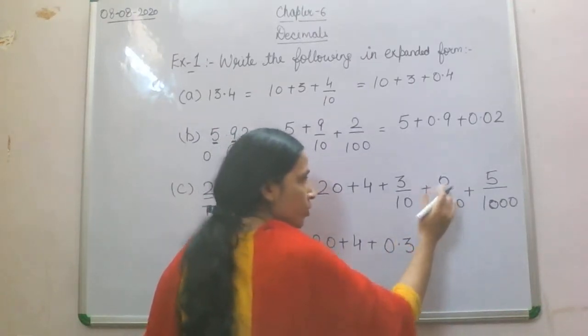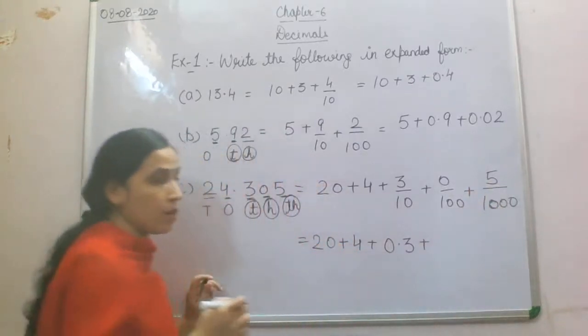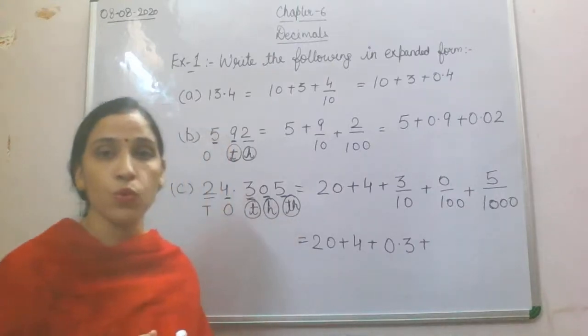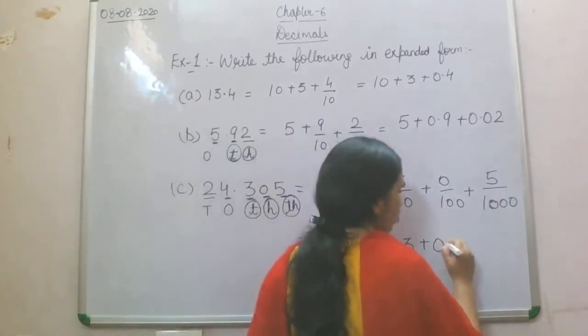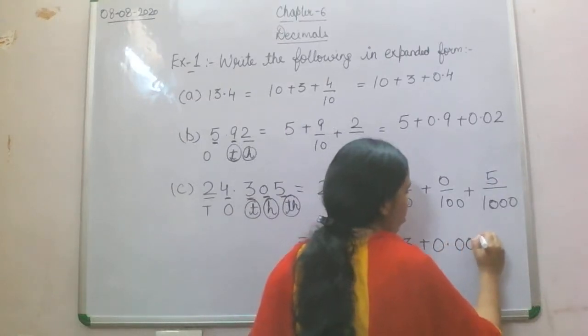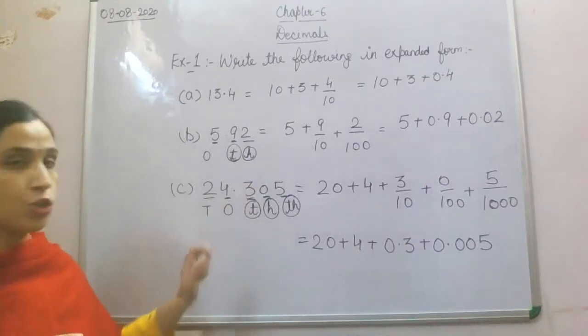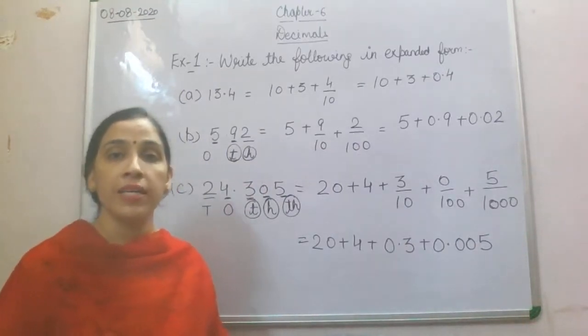Here we are not going to get anything. Now we require here 5 divided by 1000. We require 3 decimal places, so only one we have. So the rest 2 will be 0. 0.005. So that will be the expanded notation of the given number.